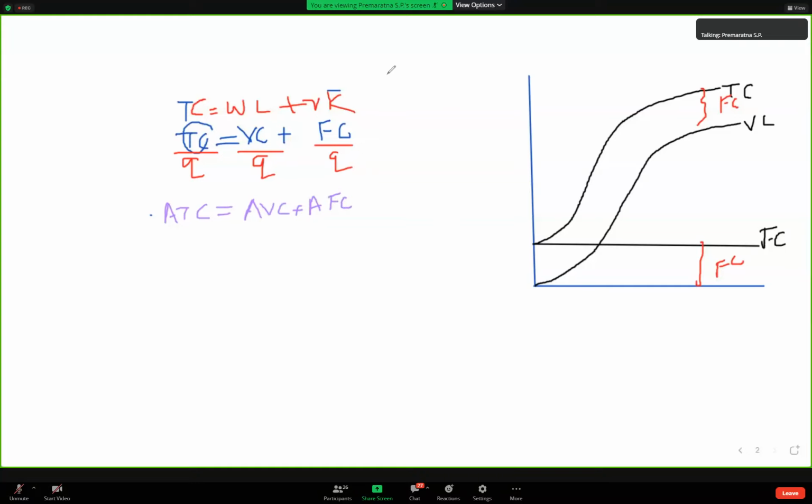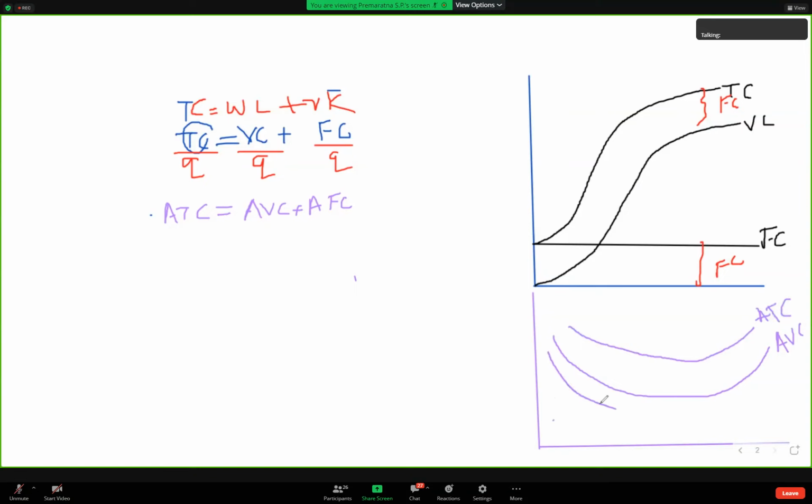Usually the pattern of the average cost curves is U-shaped. So you get the average variable cost, average total cost, and also average fixed cost.